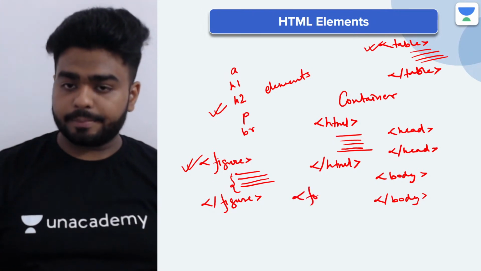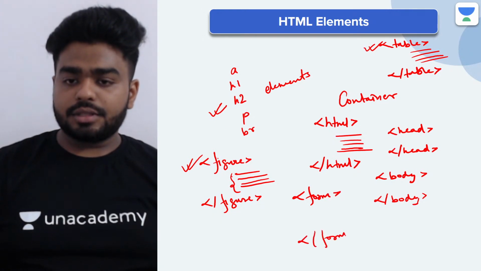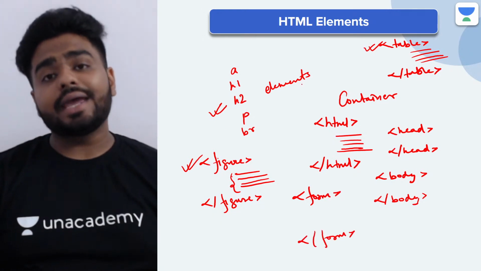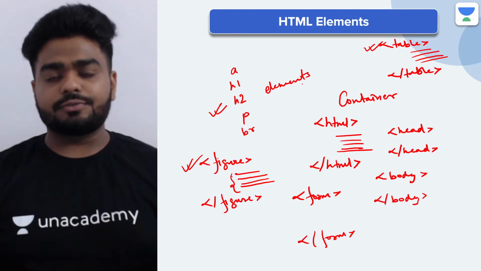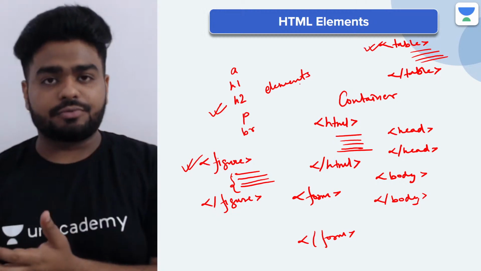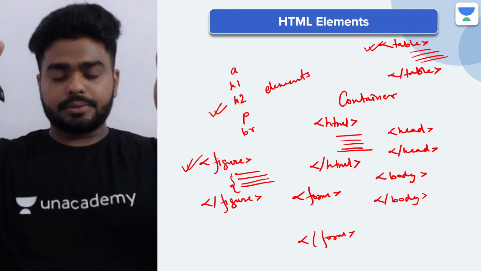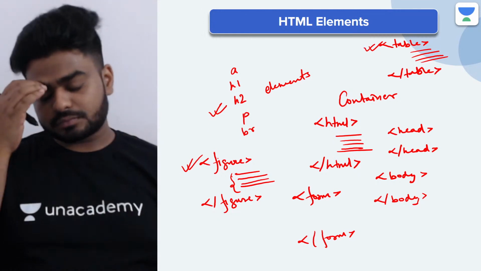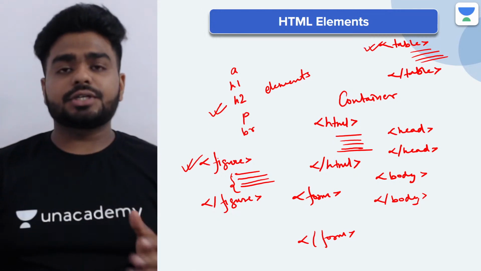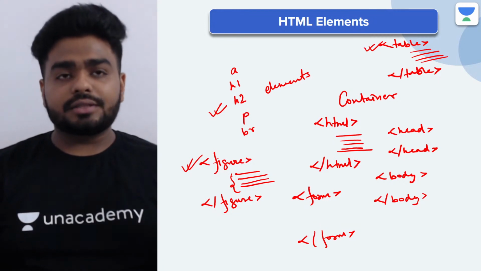Similarly, we have a lot of tags. We have form. What is this form? This form is also a container. Why? What is a form? Registration form, login form. You must have seen in every web page there's a login form, registration form. What happens there? We get a form kind of a structure where it is asked to fill in the name, the age, the date of birth, all those things, right?